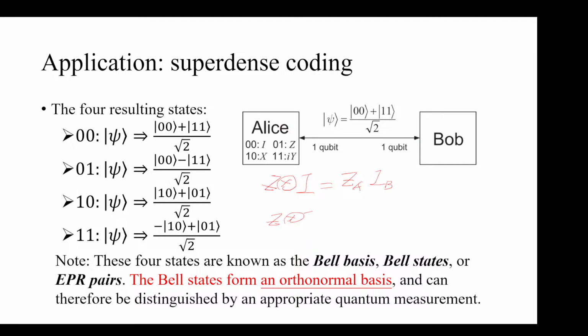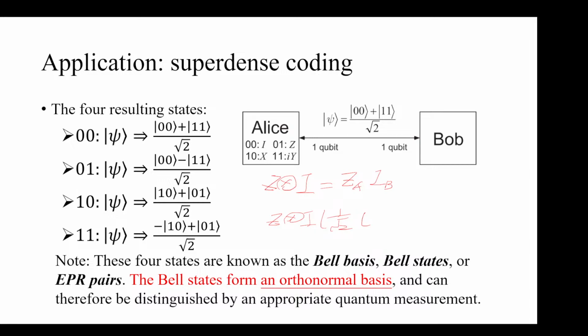So this Z tensor identity acts on our starting state, which is (0,0 plus 1,1) over square root 2. I guess let's write this out in tensor product notation so it's a little more clear.